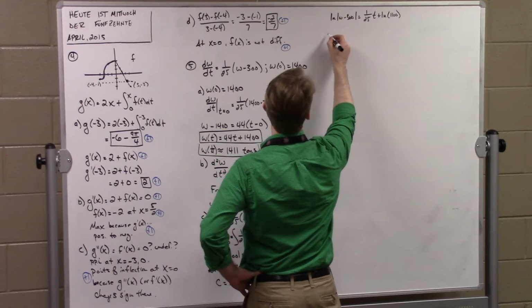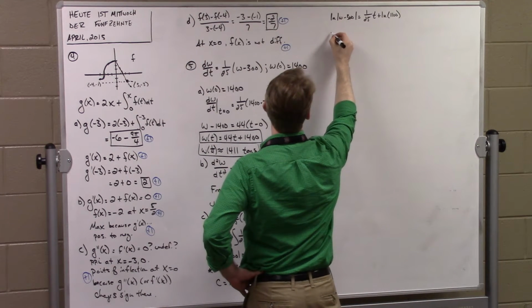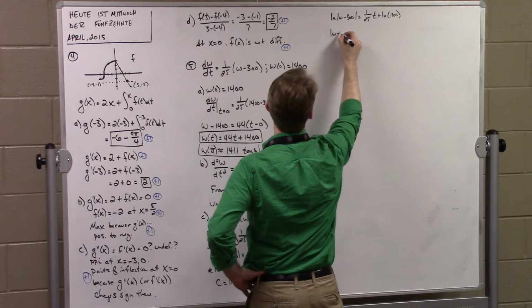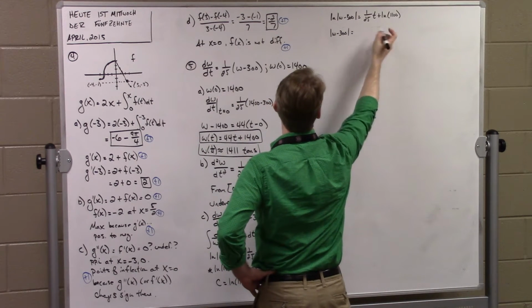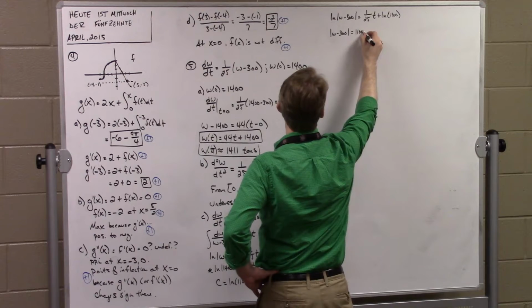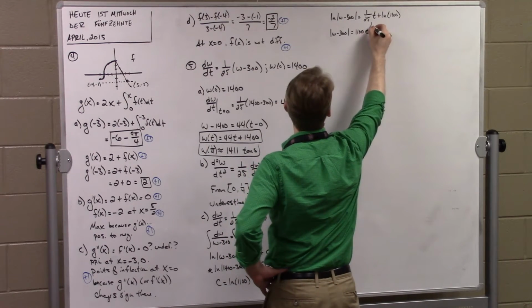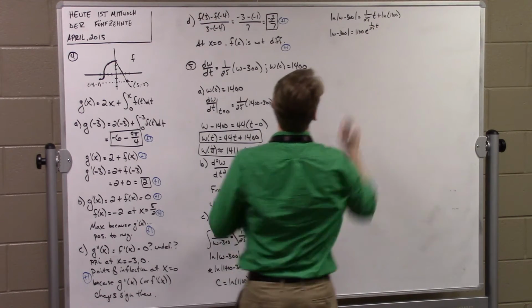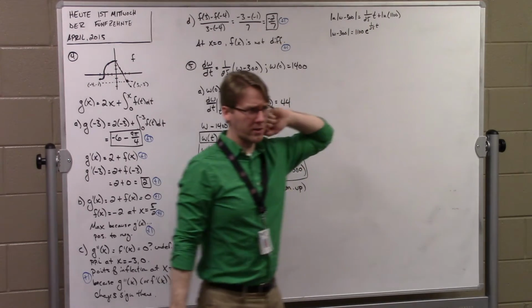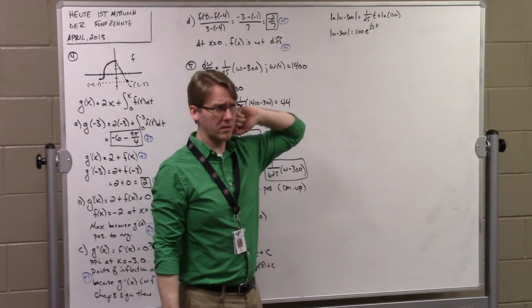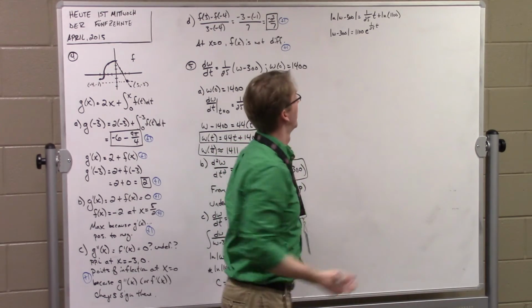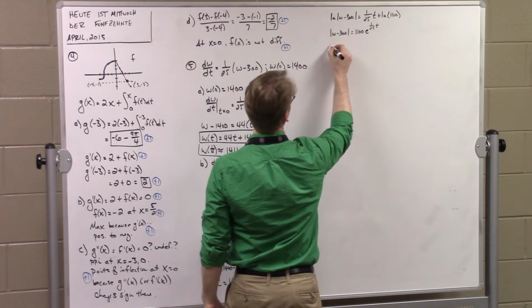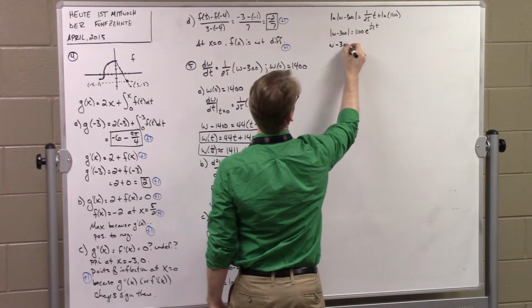Let's see here, that's gonna give us, exponentiate both sides, we're gonna get absolute value of W minus 300 is equal to, I'll do this in one step, 1100 e to the 1/25 t. Everybody cool with what I just did, or y'all need to see it? You're good. Exponentiate, split it, simplify. To drop the absolute value, we're going to need a plus or minus.